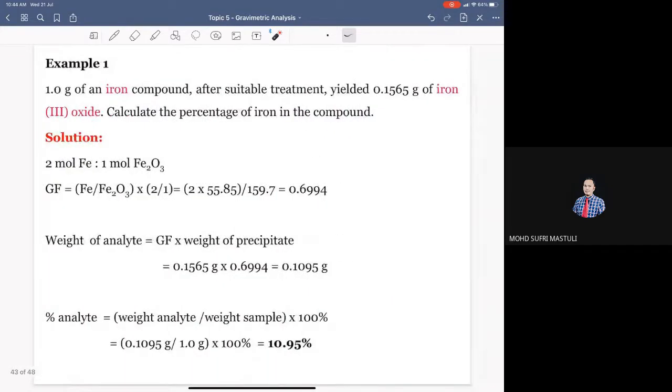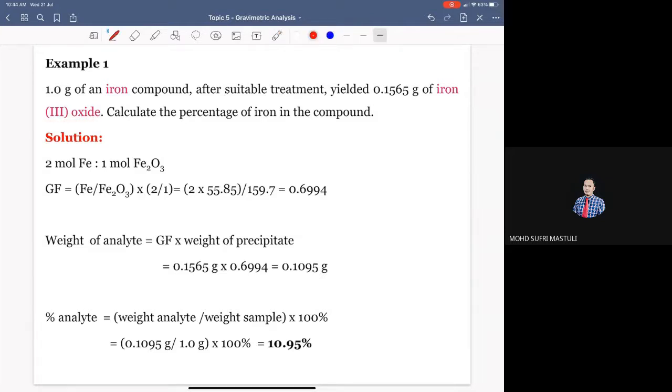All right, moving to another question. 1 gram of an iron compound, after suitable treatment, produces 0.1565 gram of iron oxide.